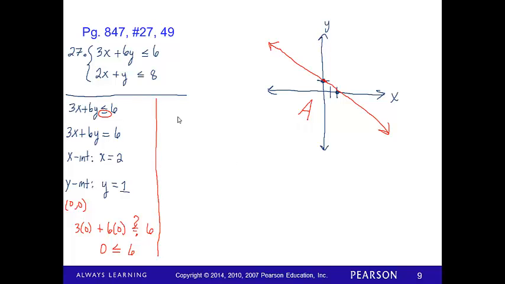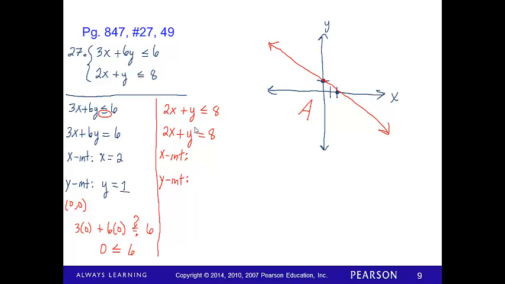Now let's graph the second inequality. 2x plus y less than or equal to 8. Change your inequality sign to an equal sign. So 2x plus y equals 8. Let's find the x-intercept and the y-intercept to graph. And of course, you can use slope-intercept form, you can use your calculator, whatever method you like.